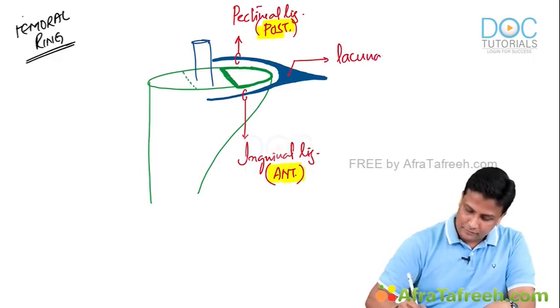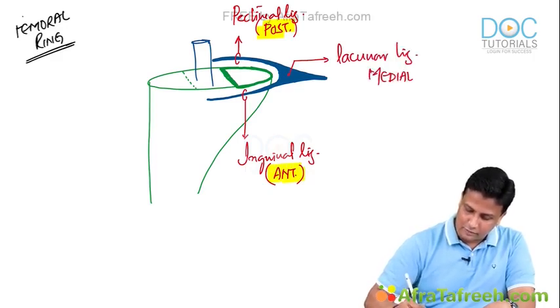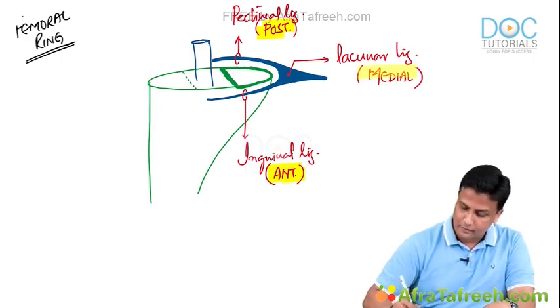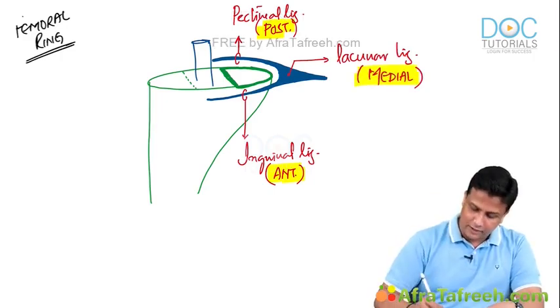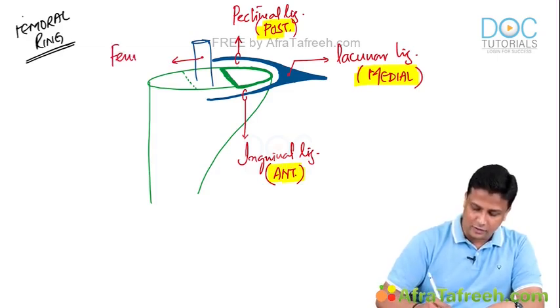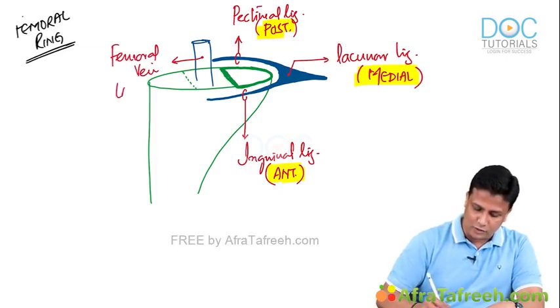Lacunar ligament. And the lacunar ligament is the one which is going to form the medial boundary. Medial boundary of the femoral ring there, guys, sorry. And now the last and final thing is on the lateral side. What do you have here? This one will be the femoral vein, and that is present towards the lateral side of the femoral ring.